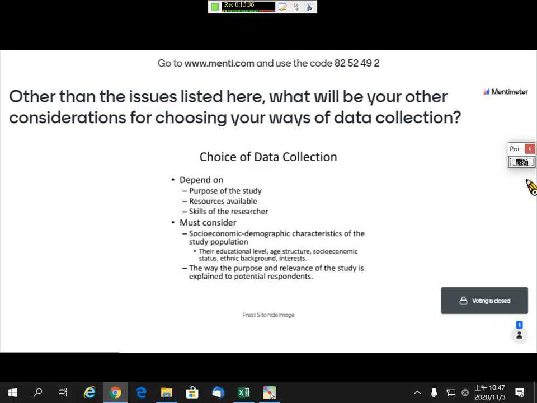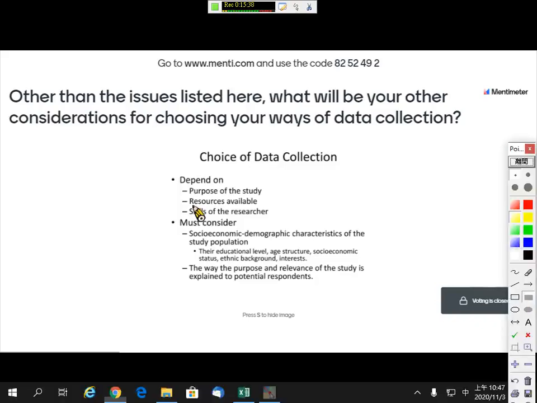So the choice of data, there are some issues out there. It all depends on the purpose of your study. For example, do we still remember the first question for our quiz? Taiwanese perspectives toward Japanese diet, right? If this is the one research topic, then what would be the possible data collection for you? We are talking about the study population being Taiwanese, right? So there are so many Taiwanese.